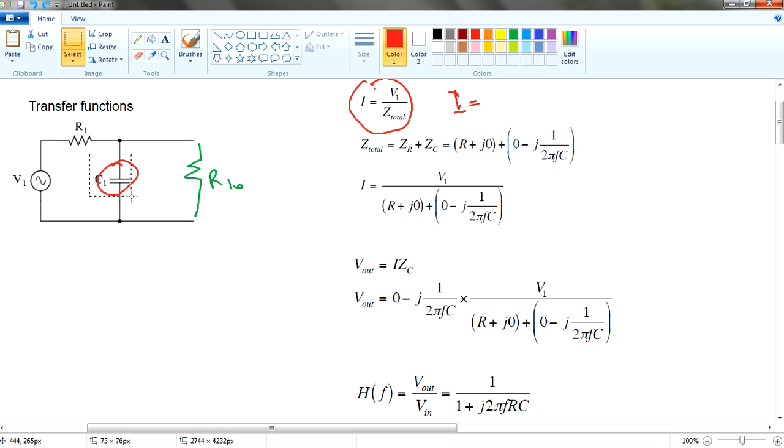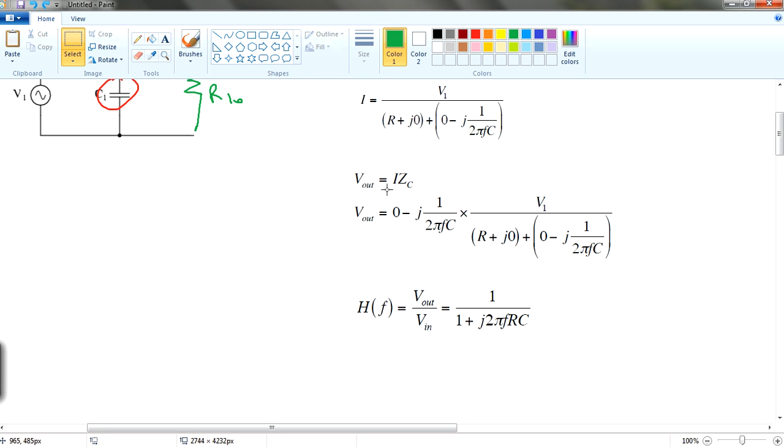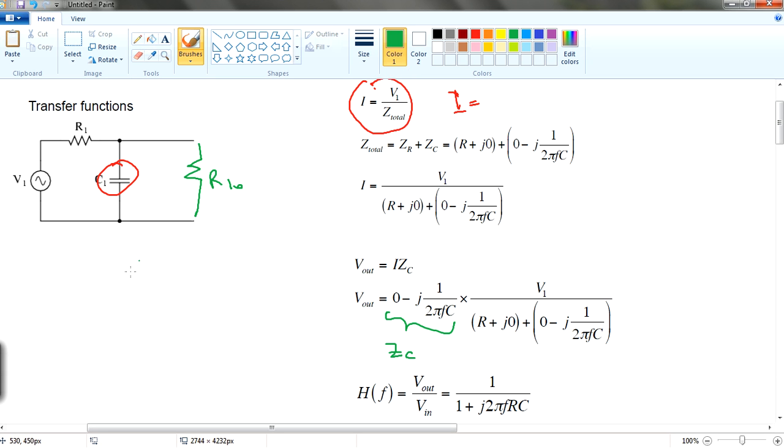This is why I say that you're talking about V out across the capacitor, not the R loop. So in this case, allow me to identify. This is actually the ZC, exactly the same, because 1 over 2 pi FC, negative 90 degrees phase. You have to change to rectangular, you have this form over here.